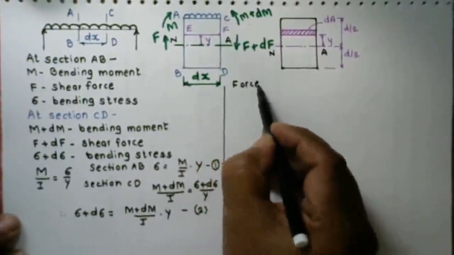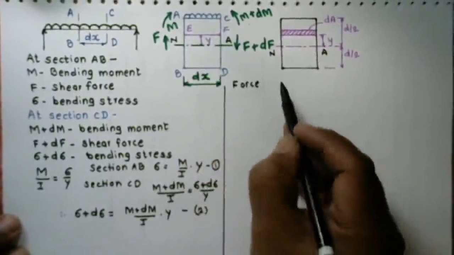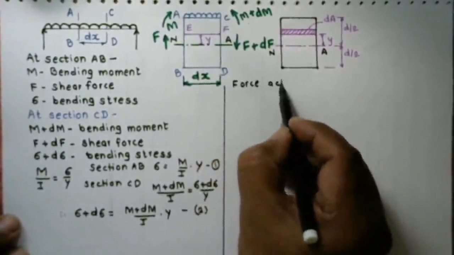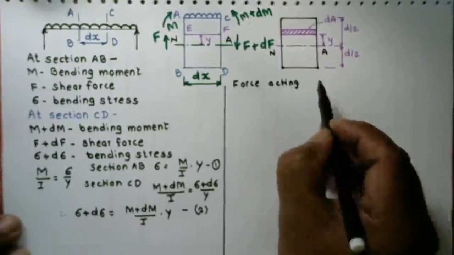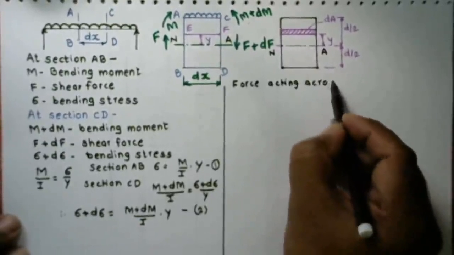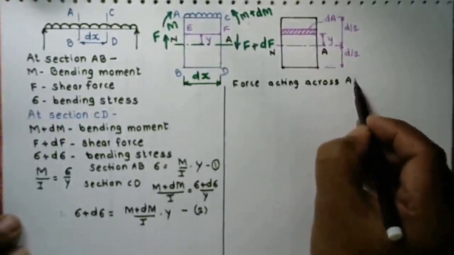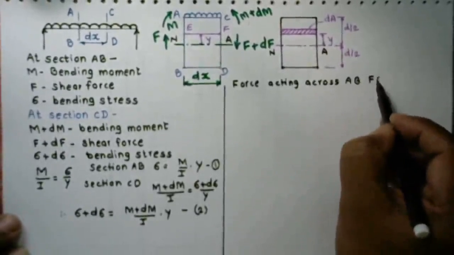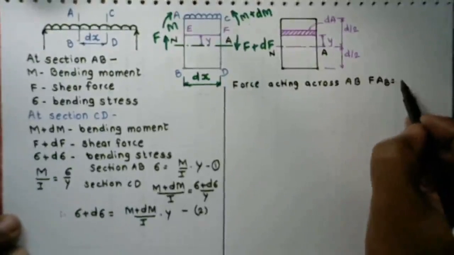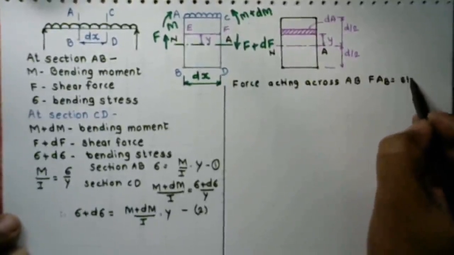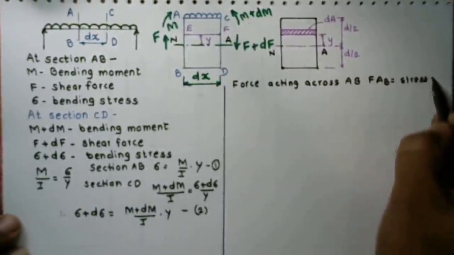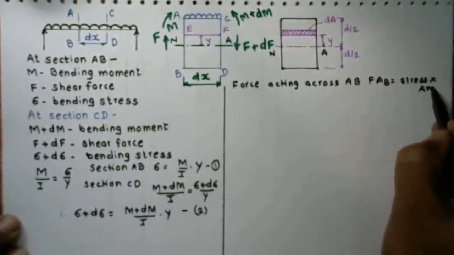Now the force acting on section AB is given by our basic equation: stress into cross-sectional area. So the force acting across AB, FAB, is equal to stress into area.